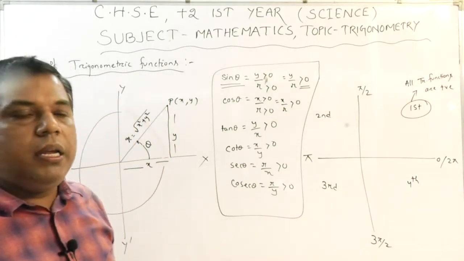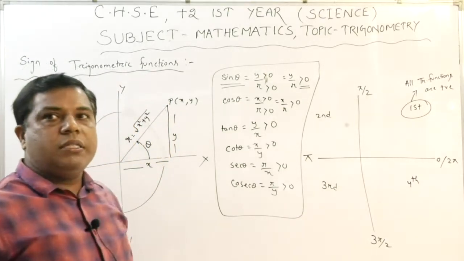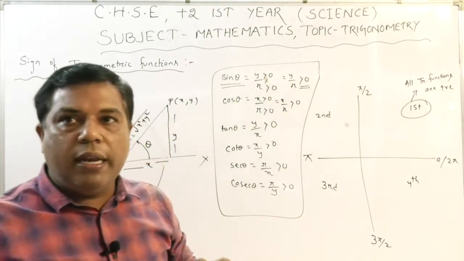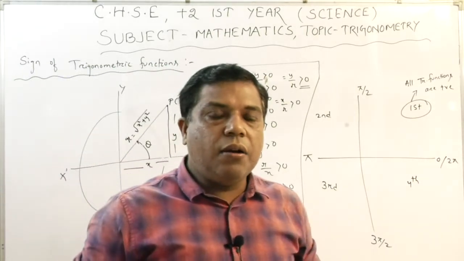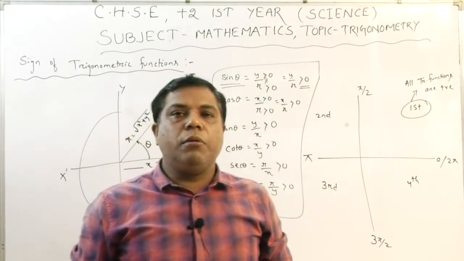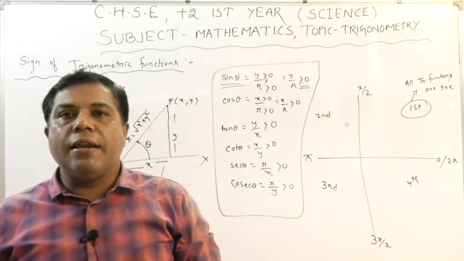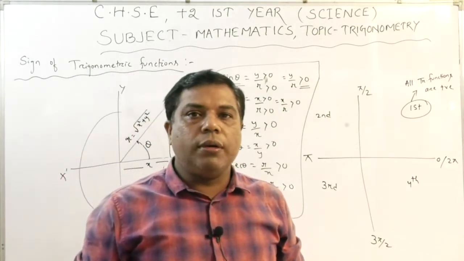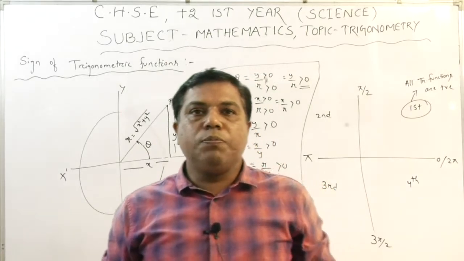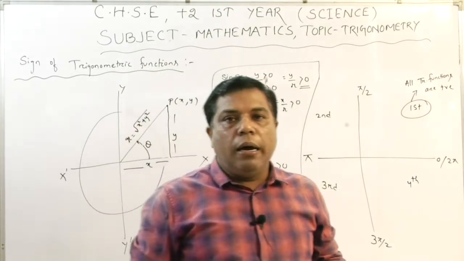So if somebody asks you about the sign of a trigonometric ratio in the first quadrant, undoubtedly you can say that all trigonometric ratios are positive. If somebody asks you what is sine of pi by 3, you can say it is a positive value. What is sine of pi by 4? It is positive. What is cos of pi by 8?